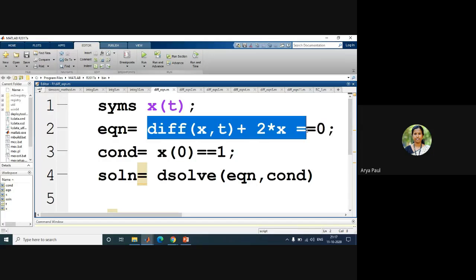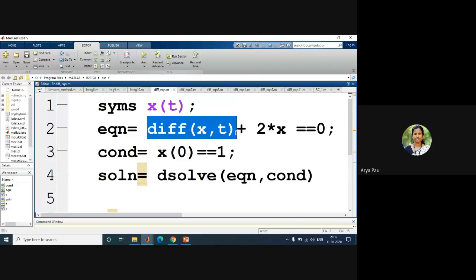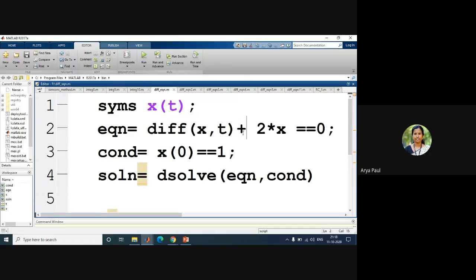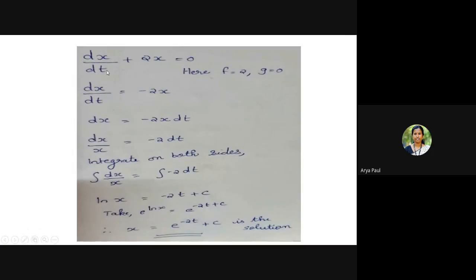So I am creating a variable eqn, which stands for equation. Equation equal to differential of x comma t, that means dx by dt plus 2x is equal to 0. You can see the same equation here, dx by dt plus 2x equal to 0.